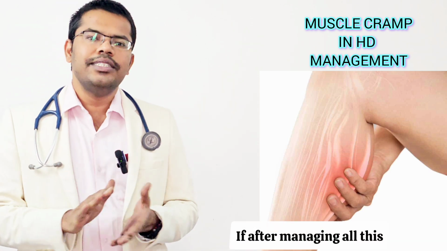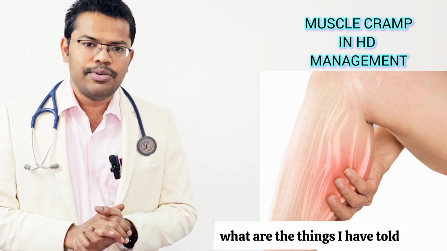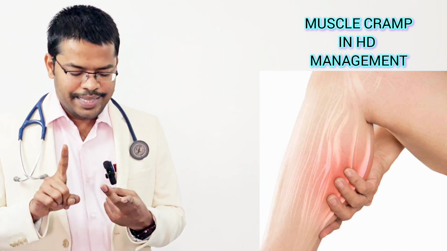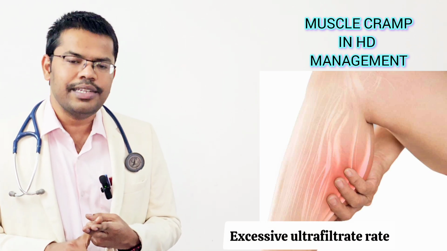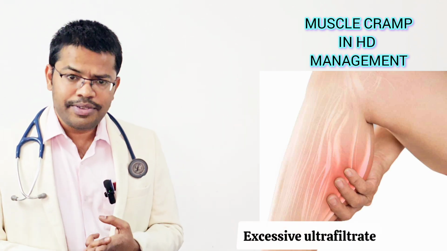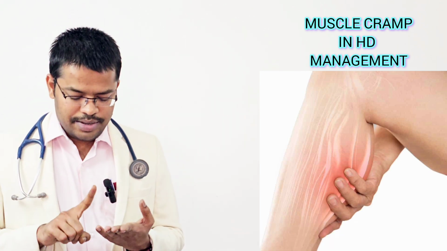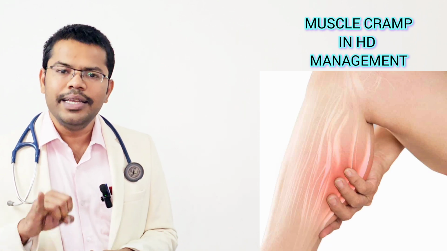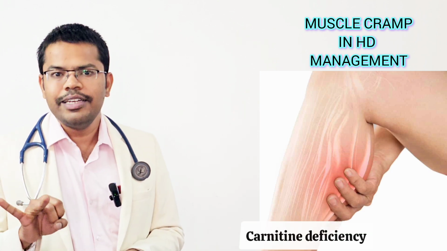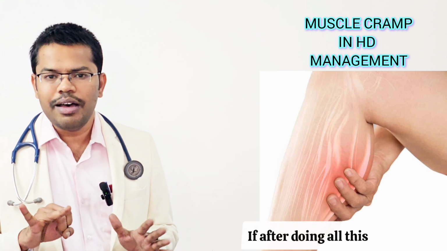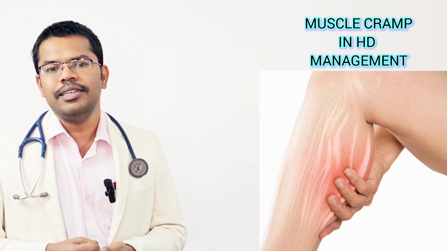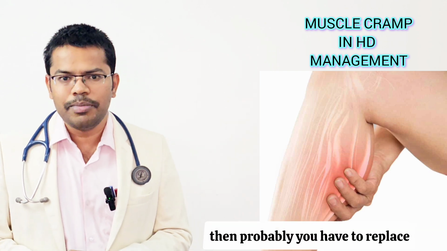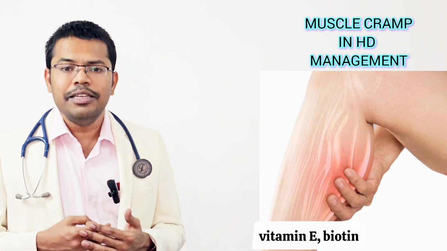After managing all this, what are the things I have told? Hypovolemia, excessive ultrafiltrate rate, sodium, calcium, magnesium, carnitine deficiency. If after doing all this the patient still develops cramps, then probably you have to replace vitamin E, biotin.